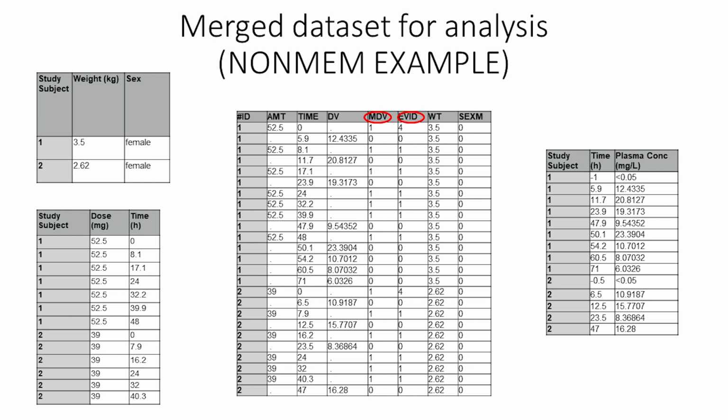But I will just make a quick note that at least the missing dependent variable is used to indicate when there's an input process or when there's not an observation. So here, when you give a dose, you have a missing dependent variable because you cannot have a dose and an observation, an input and an output in the same row. And so you'll notice the missing dependent variable is 0 when you have a plasma concentration. This is illustrated here.